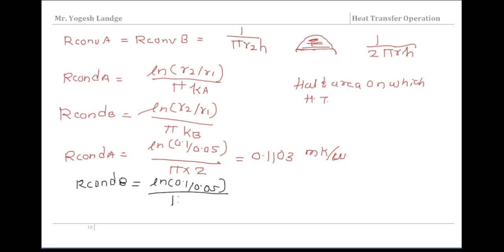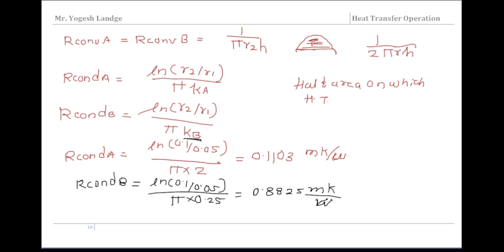It is pi into the conductivity of material B, which is 0.25. Once I do the calculation, I get a value of 0.8825, and the unit is meter Kelvin per watt.